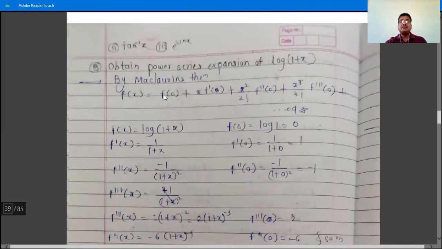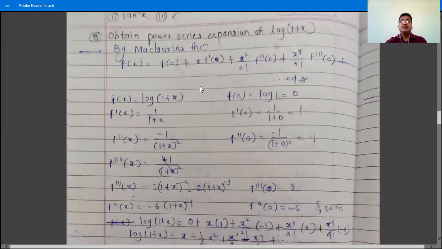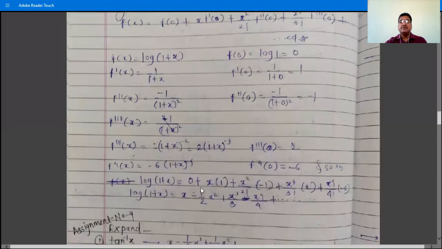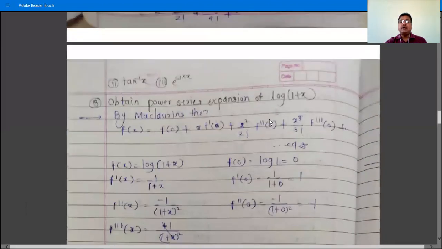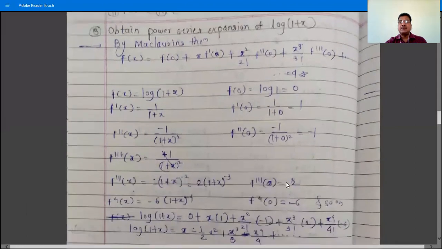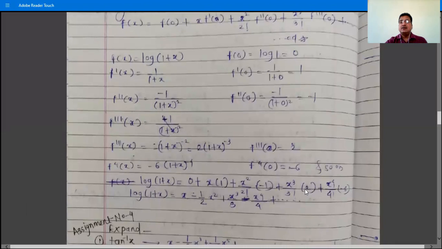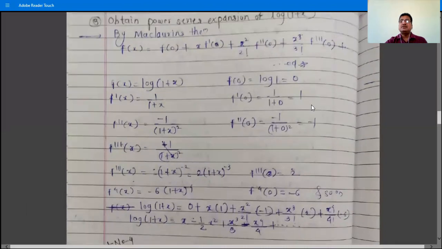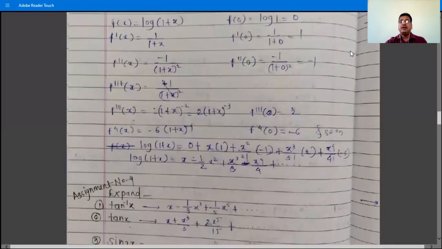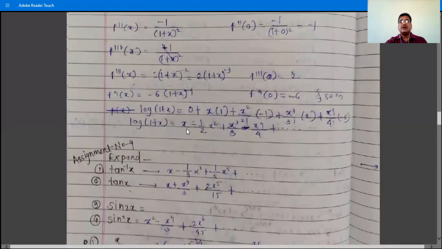f(x) is log(1 plus x): f(0) is 0, plus x into f dash 0, which is 1, plus x square by 2 factorial into f double dash 0, which is minus 1, plus x cube by 3 factorial into f triple dash 0, which is 2, then the next term is x raised to 4 by 4 factorial into f fourth 0, which is minus 6, and so on. So we have log(1 plus x) as x minus 1 half x square, that is x square by 2.